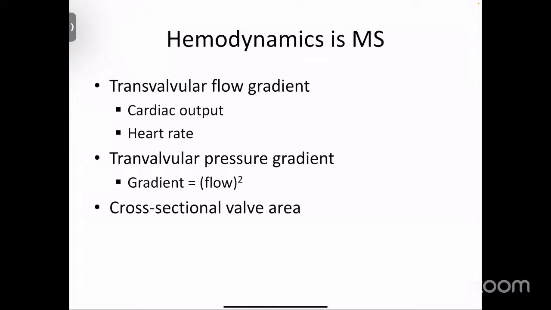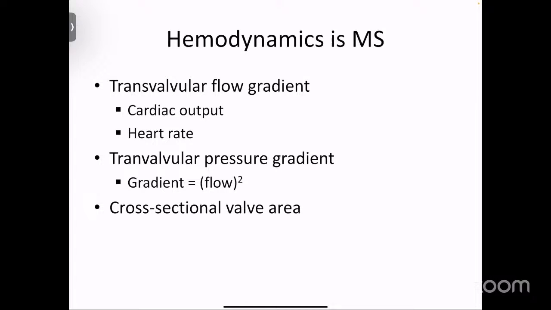Now, as the degree of mitral stenosis worsens, a progressively higher gradient occurs, especially in late diastole, with the average left atrial pressure reaching up to 25. Another physiologic measurement in patients with mitral stenosis is the cross-sectional valve area, which is calculated from the mean transvalvular pressure gradient and the cardiac output.